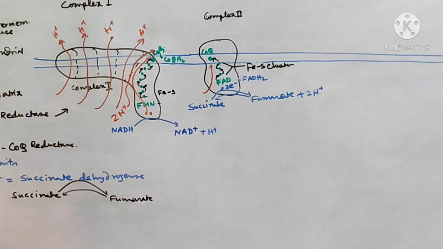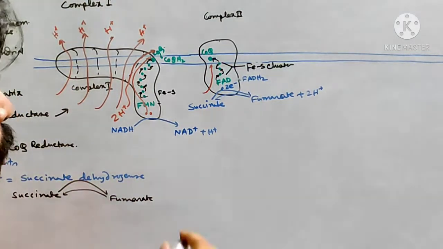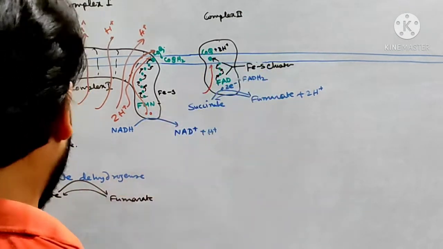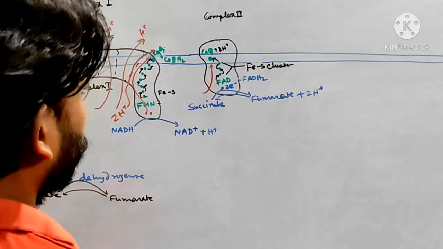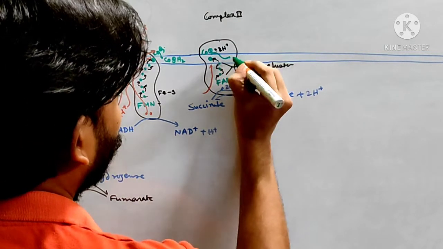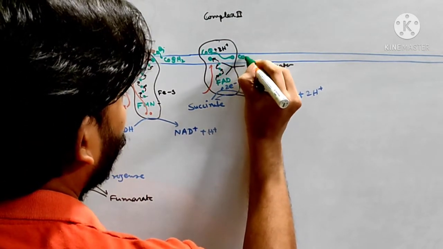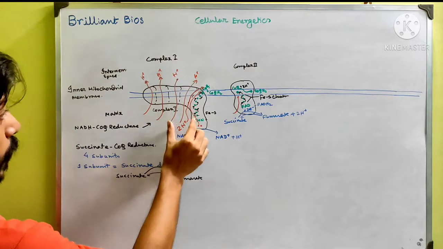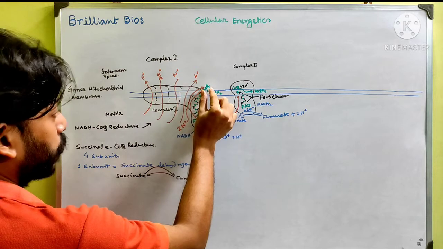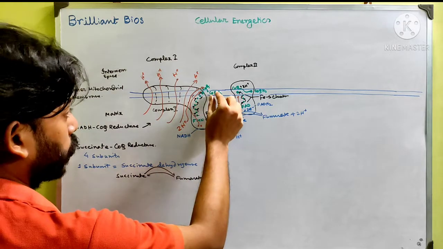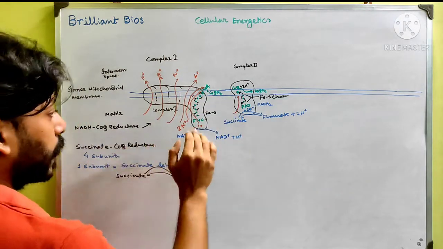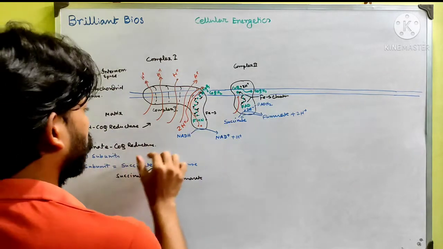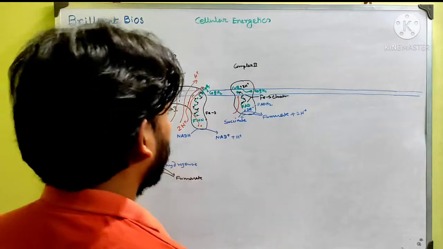Ubiquinone can take 2 electrons and associate with 2 protons and becomes CoQH2. Now you can see in case of complex 1, the ultimate product that gets reduced is CoQH2, so it is called CoQ reductase. In case of complex 2 also CoQ gets reduced, so it is also called CoQ reductase. This is the ultimate product.